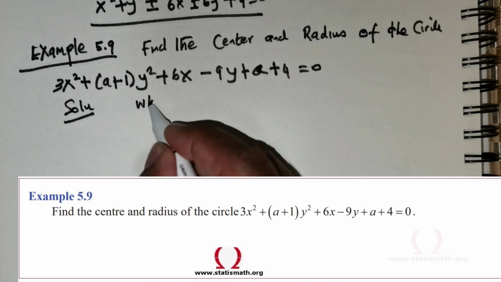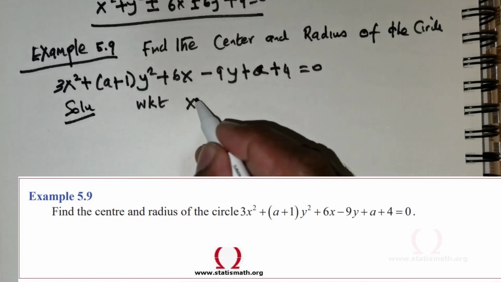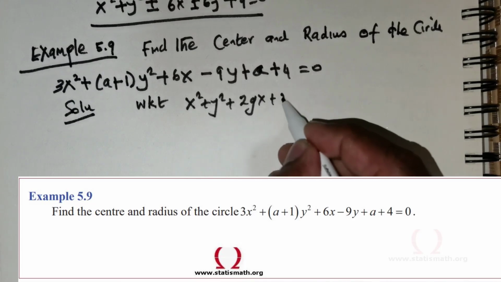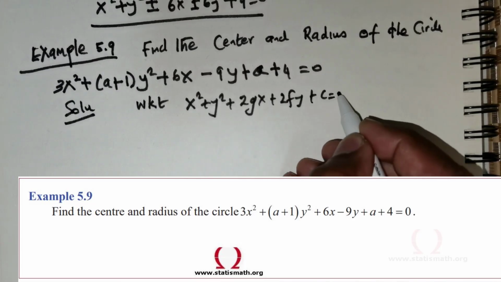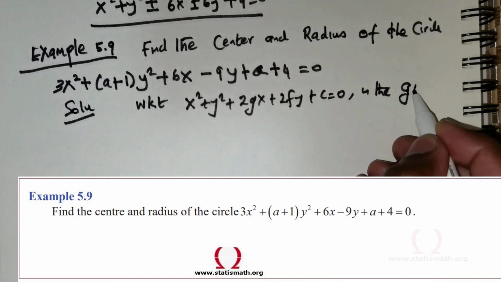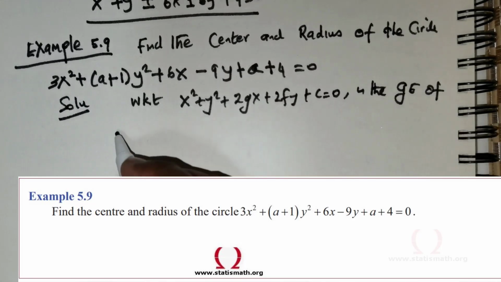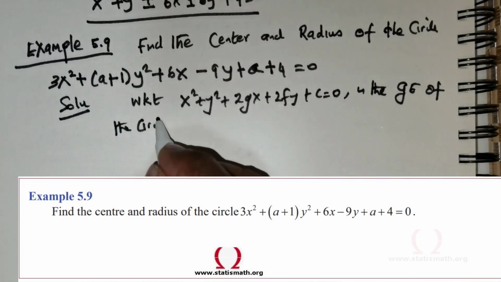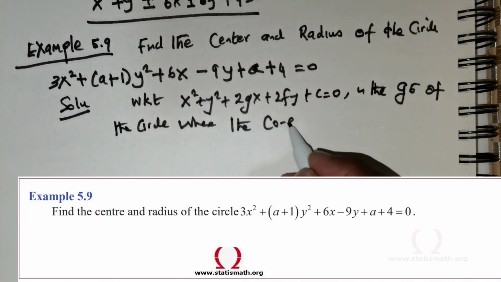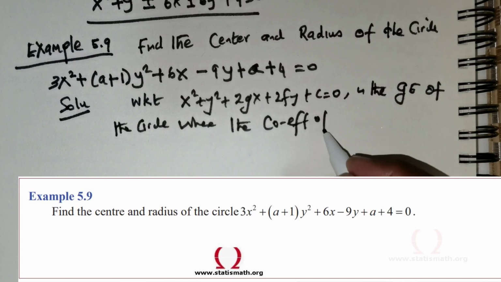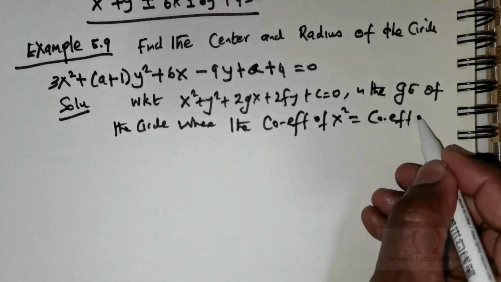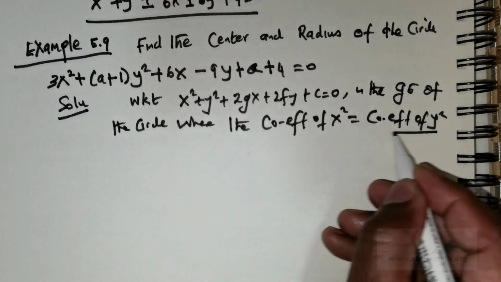Now we know that x² + y² + 2gx + 2fy + c = 0 is the general equation of the circle, where the coefficient of x² should be equal to the coefficient of y².